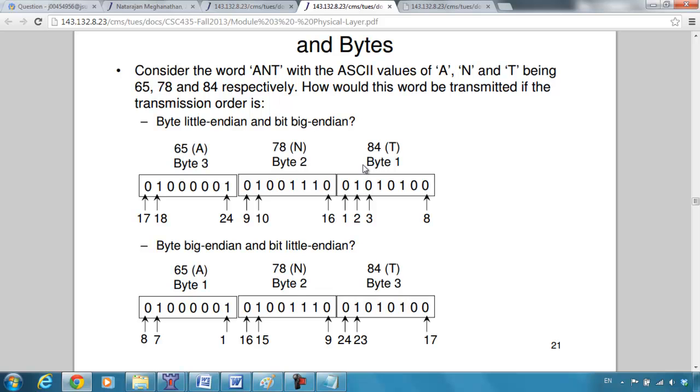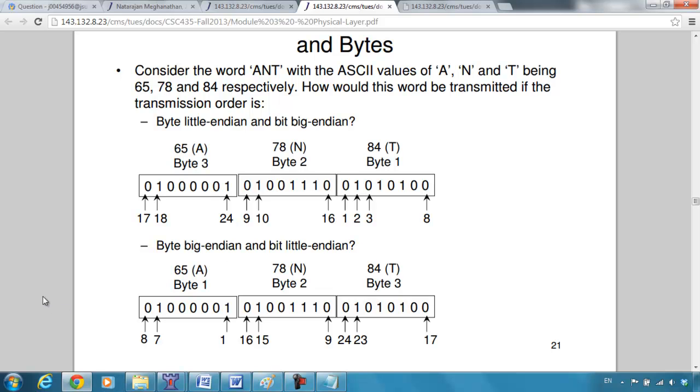Which means within a byte, the big guy goes first, the most significant bit goes first. So that's why you have 1, 2, 3, and so on up to 8. Okay? And then again within this byte you send the most significant bit first, and so on up to this bit. And then again within this byte the most significant bit first, starting from here all the way to this one. Okay.